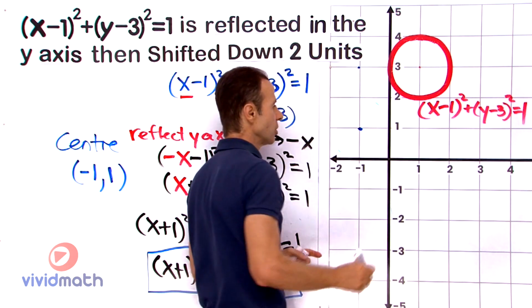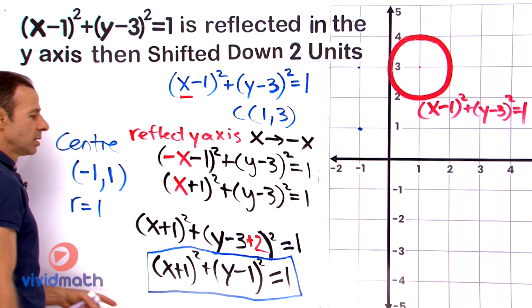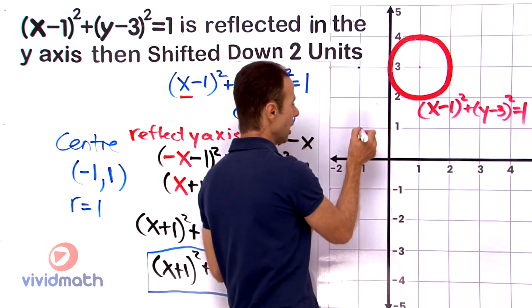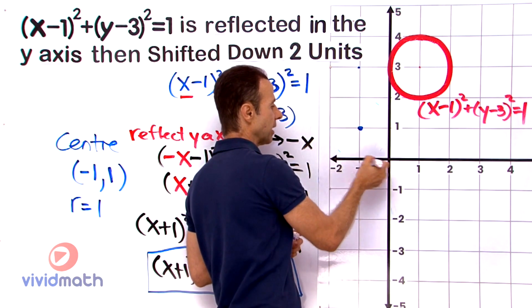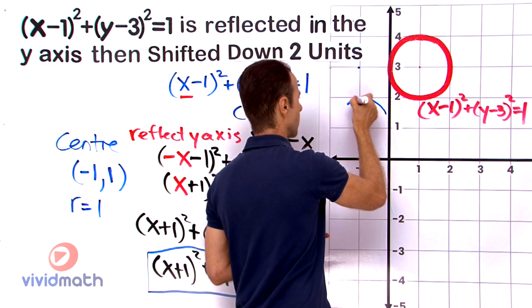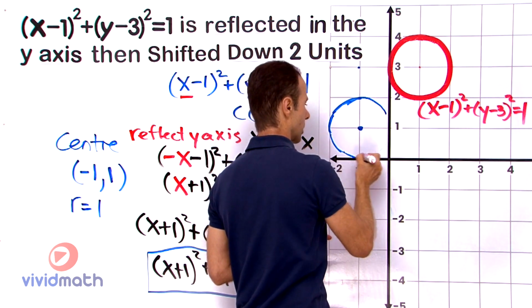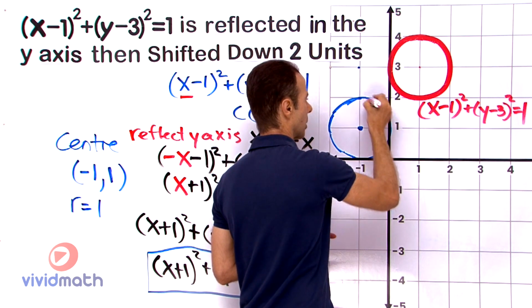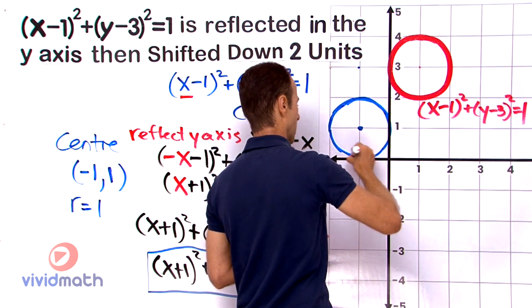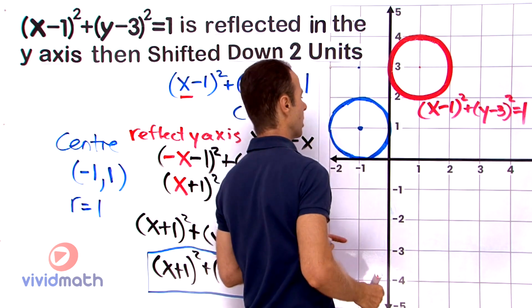It's a unit circle because the radius is equal to 1. All I have to do is draw a circle around this point at (-1, 1), there we go right there.